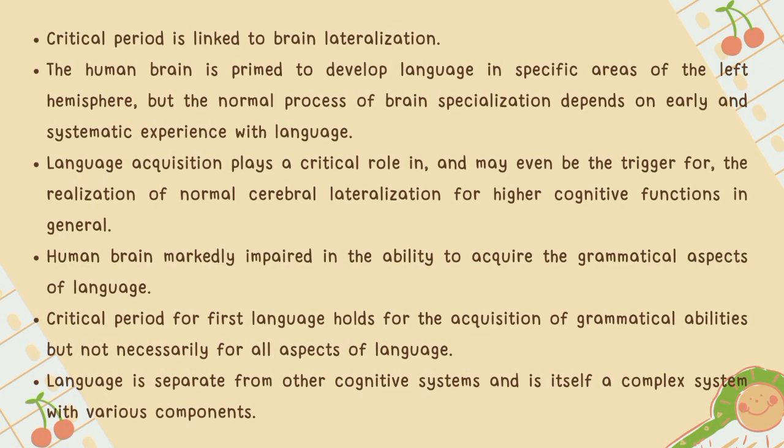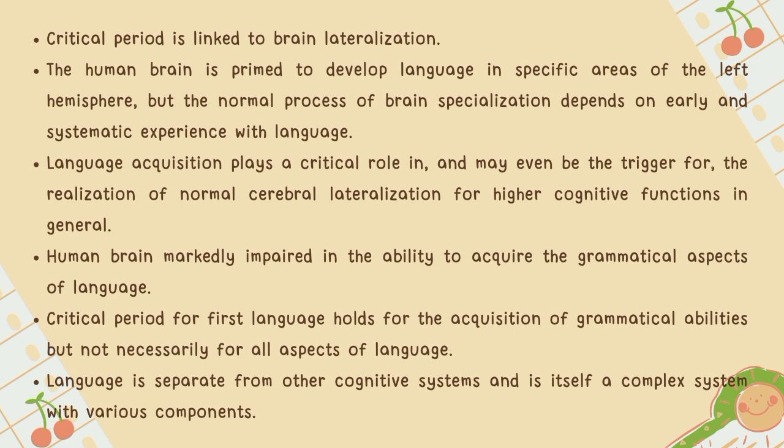Now, the critical period for language acquisition is closely linked to brain lateralization, which is the process by which certain cognitive functions become localized primarily in one hemisphere of the brain. This period is crucial for the development of language-related areas in the brain.